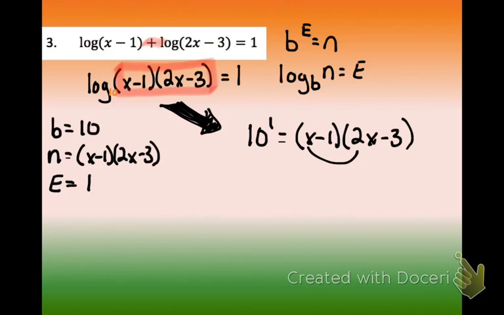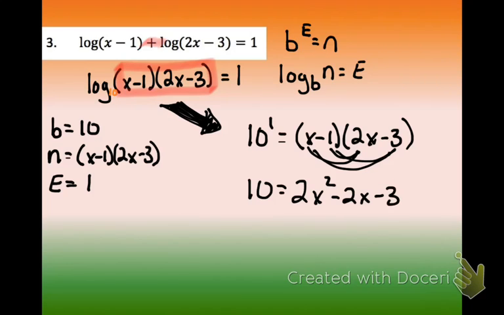So we would have to go ahead and FOIL this out. So you'll have 10 equals 2x squared minus 2x minus 3x plus 3. Or 10 equals 2x squared minus 5x plus 3.